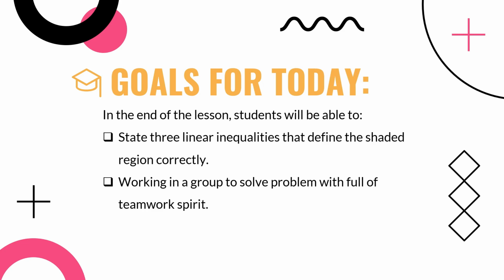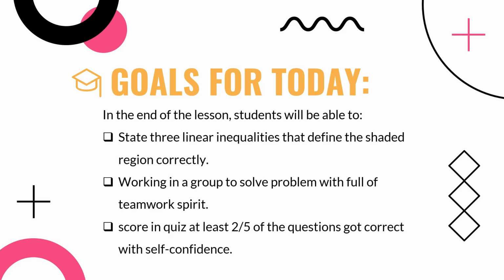After you learn what we're gonna learn today, we will do group activity and then score in the quiz at least 2 out of 5 questions correct with self-confidence. There are only 5 questions in the quiz. Don't worry, I will use a new app known as Newport.